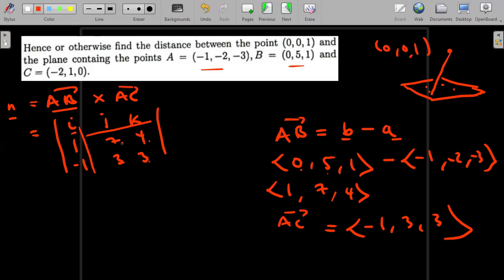Then you find the determinant of 7, 4, 3, 3. So you multiply this by this one, we get 21. Then multiply that by that, we get 12. 12 minus 21, I must get -9. This gives me 9. So it means 9i is the first one.